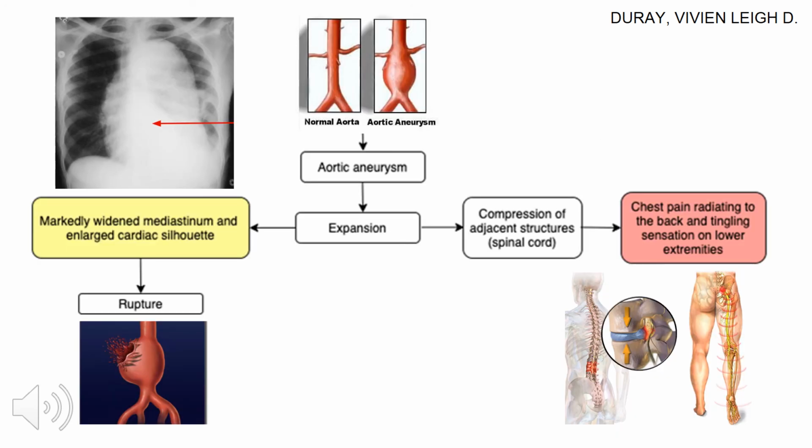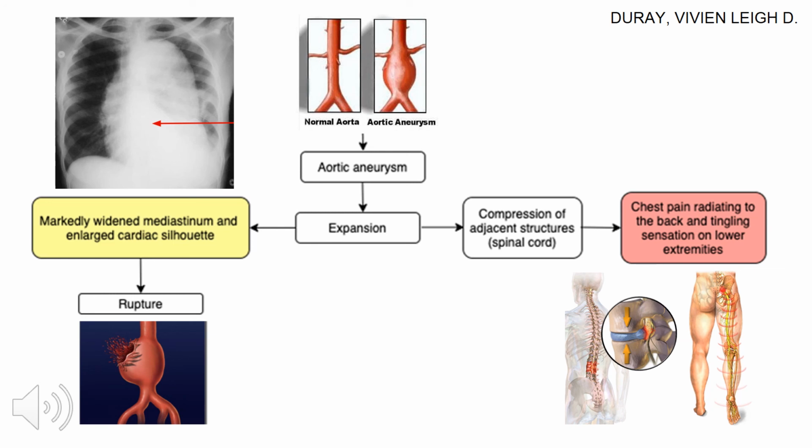For the development of aortic aneurysm, further expansion will then lead to the compression of adjacent structures, especially the spinal cord. In this case, chest pain radiating to the back and tingling sensation on lower extremities will be experienced as manifested by our patient, FG.